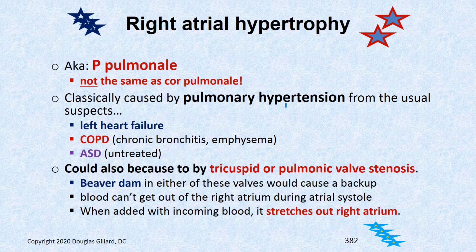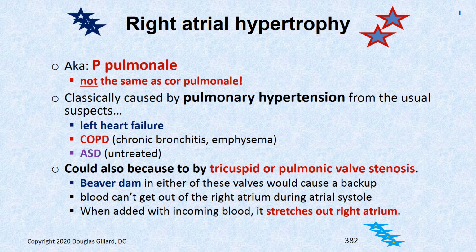It could be that far away. But you've stretched out and overworked your right atrium, and now it's all wimpy. It's stretched out, and it's too big. That's P pulmonale.